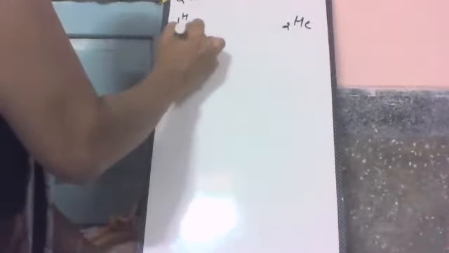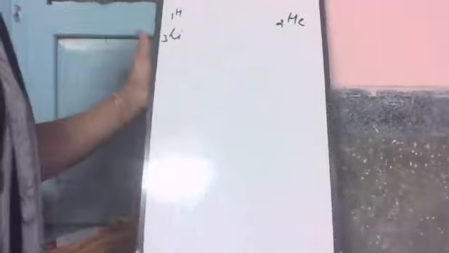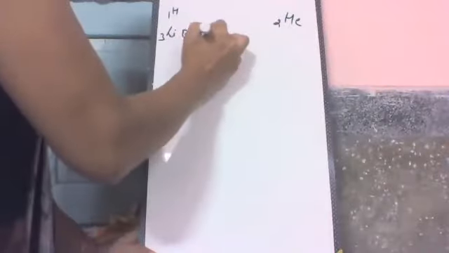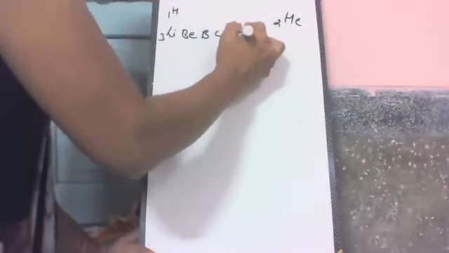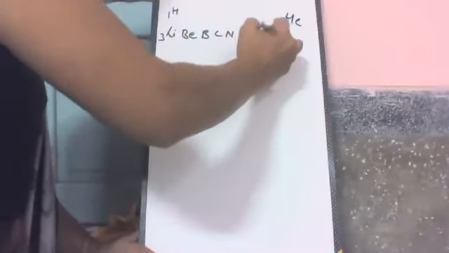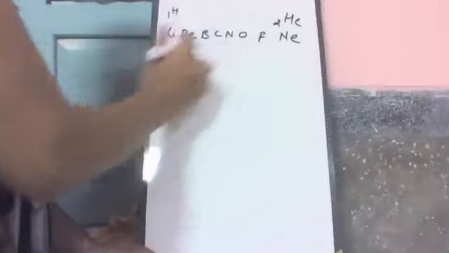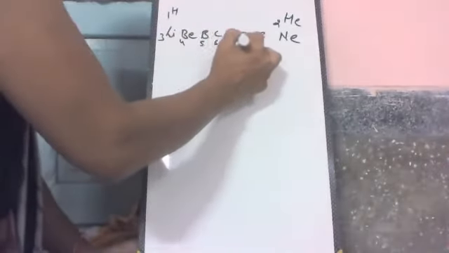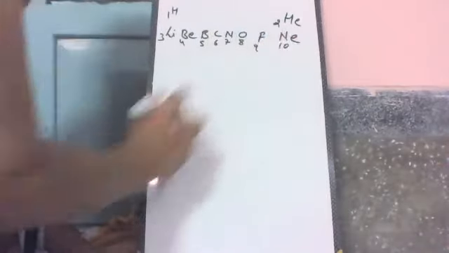Then lithium, having atomic number 3, then beryllium, boron, carbon, nitrogen, oxygen, fluorine and neon, with atomic numbers 3, 4, 5, 6, 7, 8, 9 and 10.